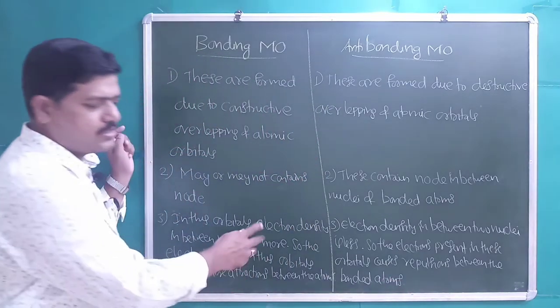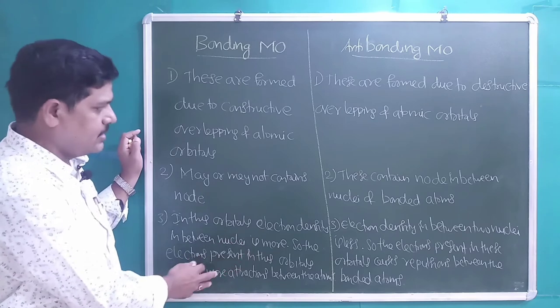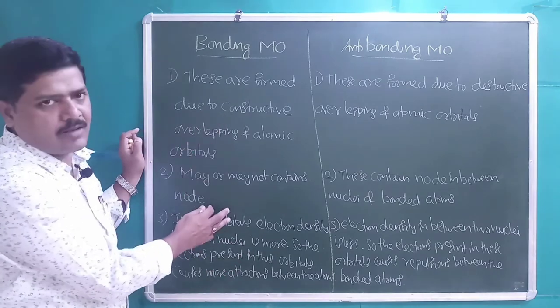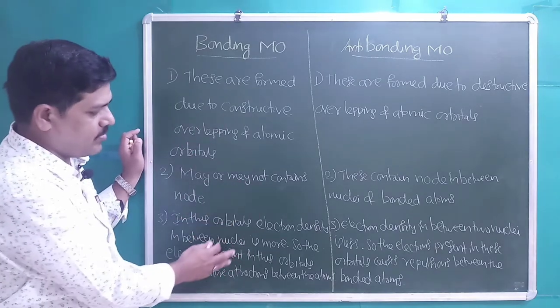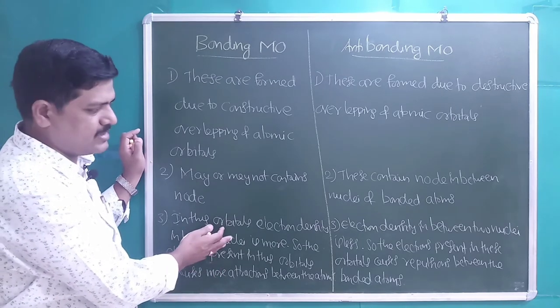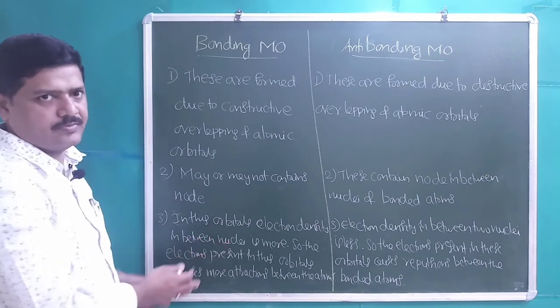So students, there are 4 differences between bonding molecular orbitals and anti-bonding molecular orbitals. Let us discuss the 4th point now.